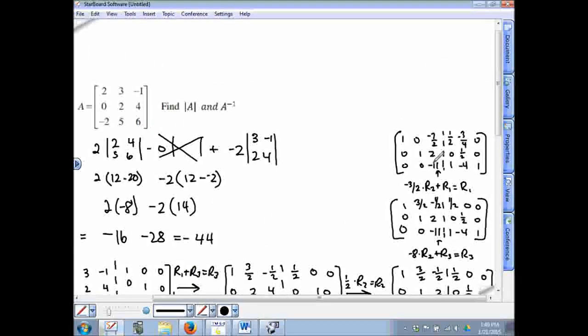So now we need to get this to be a 1. So I'm going to multiply -1/11 times row 3. That's going to equal row 3. 0, 0, 1. This becomes -1/11, 4/11, -1/11.